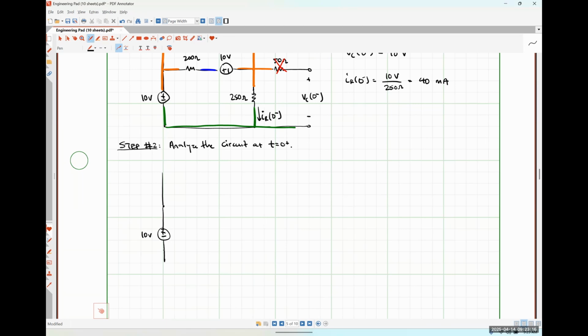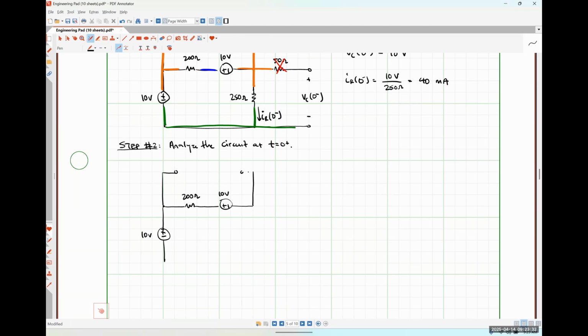Here's our 10-volt source. Here's that 200 ohm resistor. The second 10-volt source. Here's that path over the top.